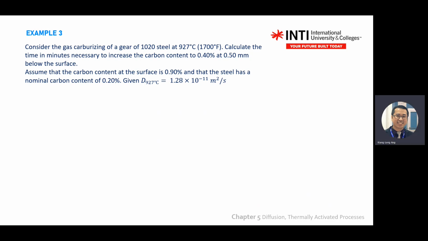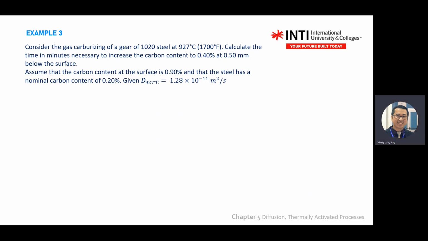The steel is 1020 at a temperature of 927 degrees Celsius. Again, do the calculation in terms of Kelvin. Change all the Celsius to Kelvin.